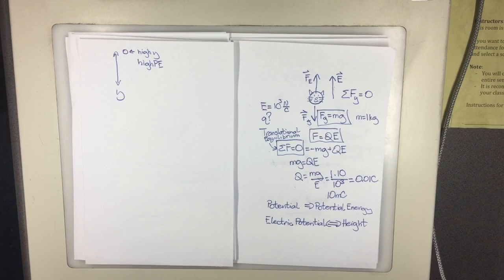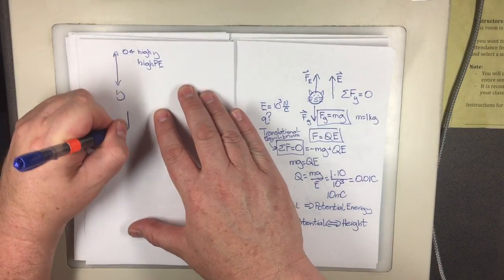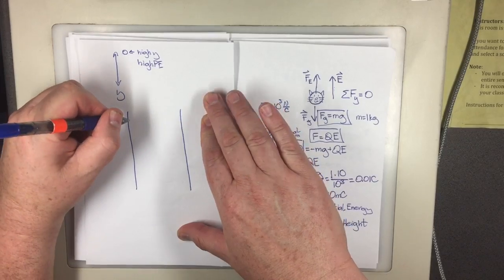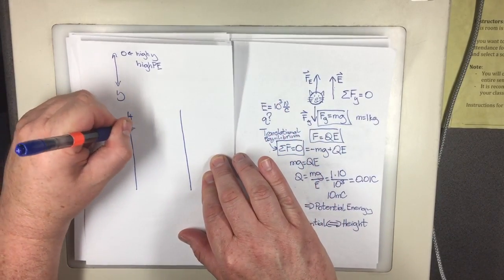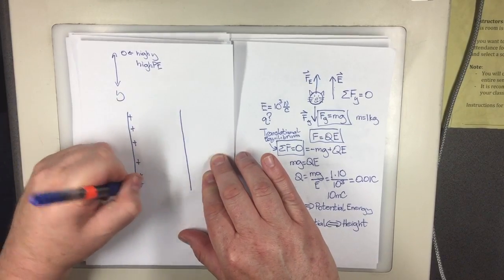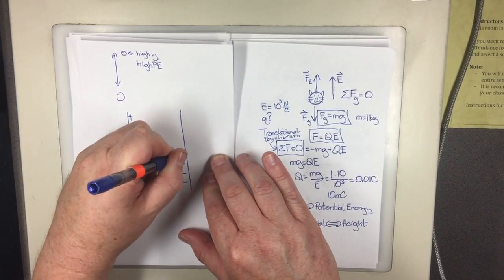And there are situations where if you have charges, let's say we had two plates. One is insanely positive and the other plate is insanely negative.